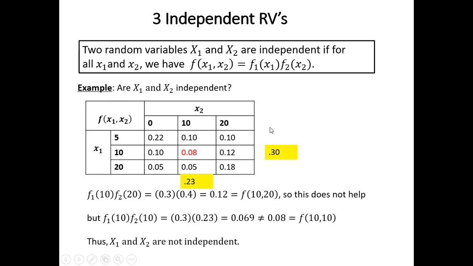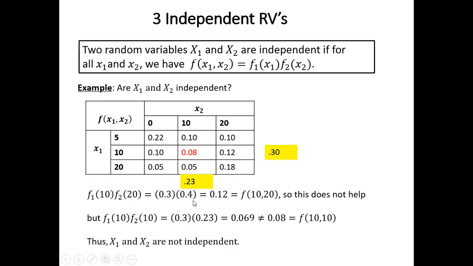So for example, if I picked f1 of 10 and f2 of 20, we might call this f of 10, 20, which is 0.12. But f1 of 10, if I think about this row sum, it's 0.30. And f2 of 20, this column sum, would be 0.40.